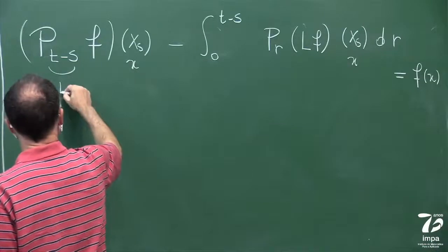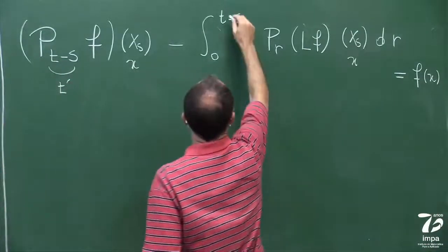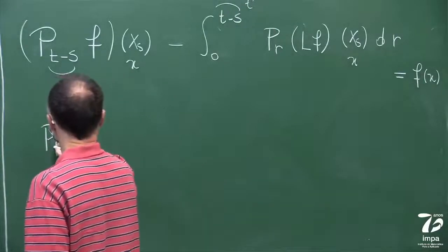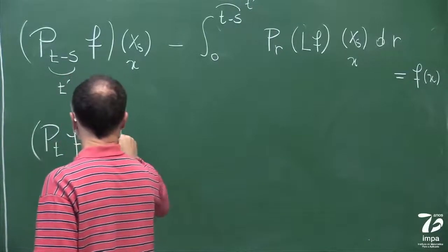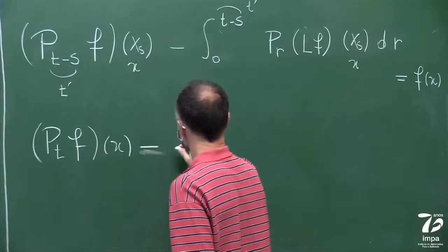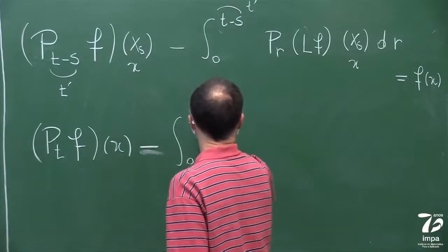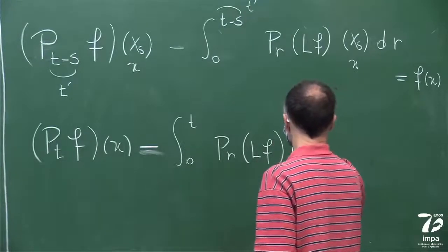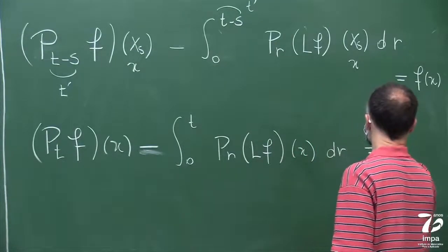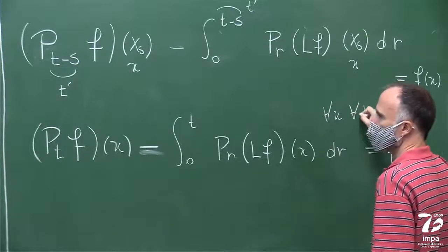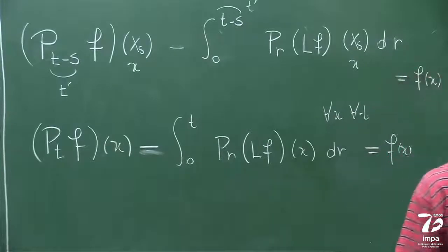So if I call that t prime, what I need to show is that P_t f(x) minus the integral from 0 to t of P_r Lf(x) dr is equal to fx. And this for all x and all t. Okay? This is what we need to prove.